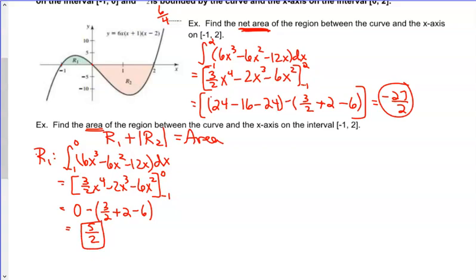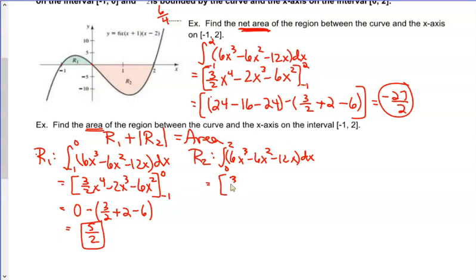Try again. Okay, now region 2, though, goes from 0 to 2. So I need to integrate from 0 to 2 of our 6x cubed minus 6x squared minus 12x dx. Okay, and again, we have the advantage because we already did the antiderivative.